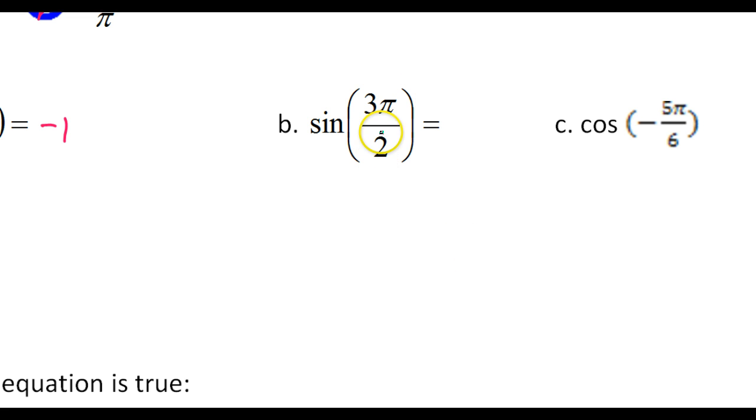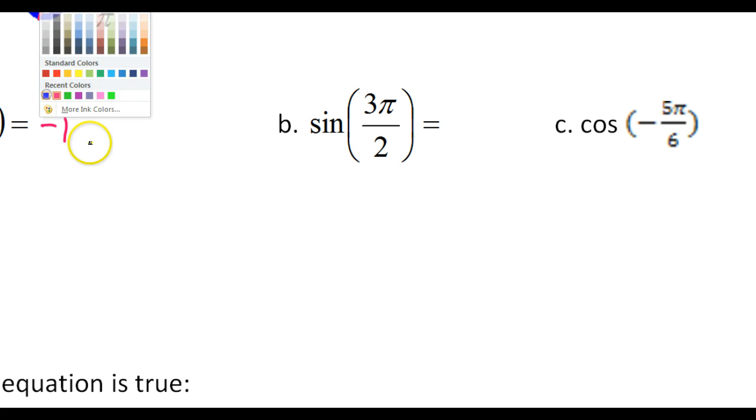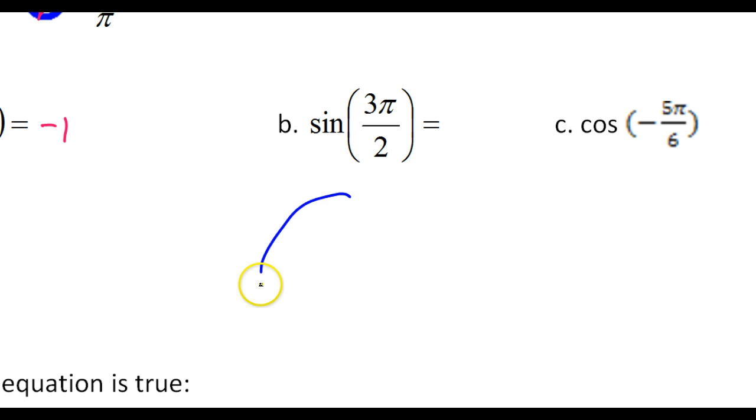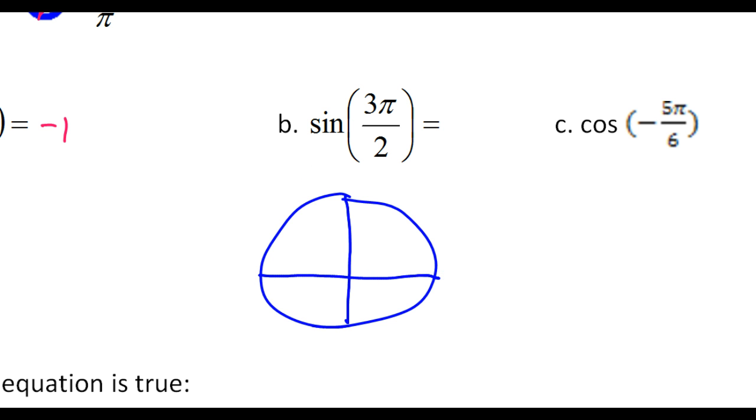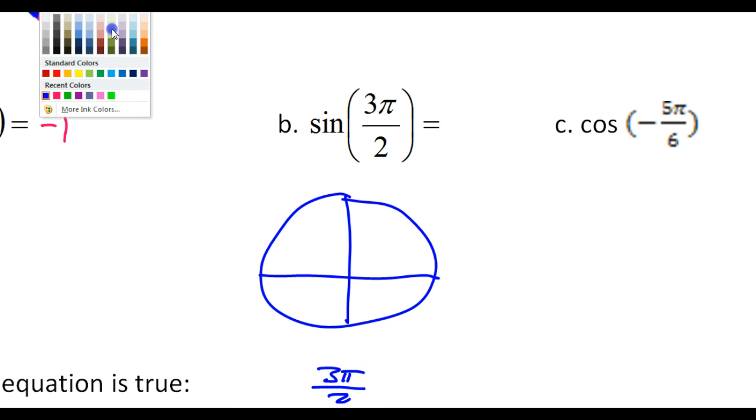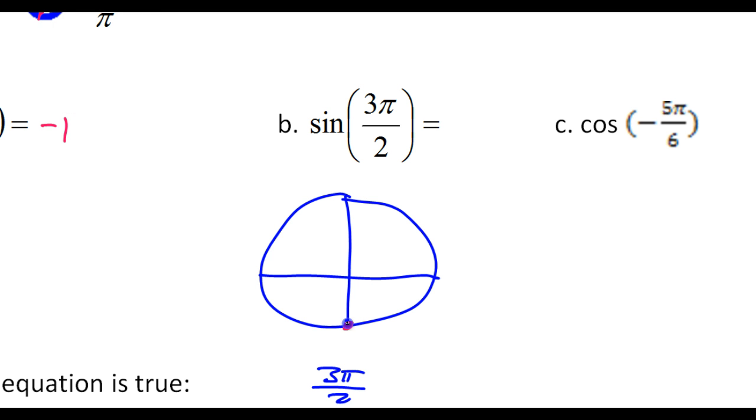Now moving on to part B, the sine of 3 pi over 2. Is that a quadrantal angle? You know what, that's another quadrantal angle, isn't it? So, quadrantal angles rock. Because 3 pi over 2 is down here at the bottom. This is 3 pi over 2. It's this position right here.